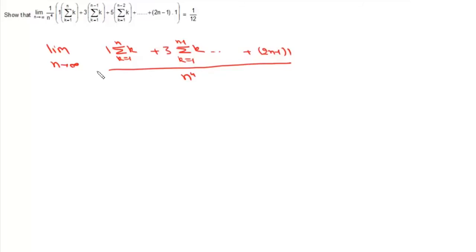Now since this is an infinite limit and the highest power of n in the denominator is 4, and since the answer is non-zero and finite, the highest power of n in the numerator must also be n to the power 4.